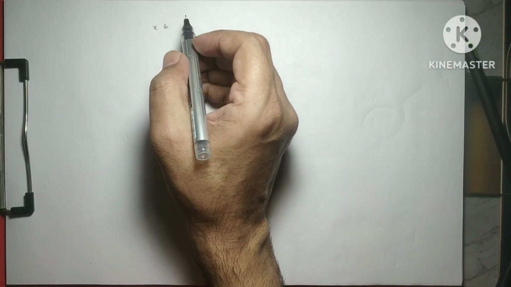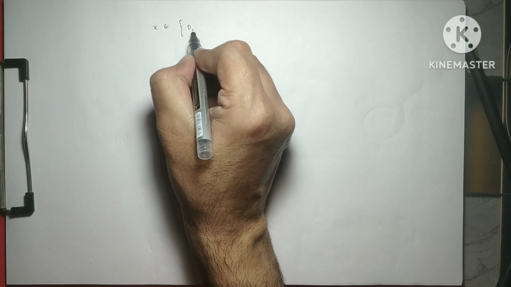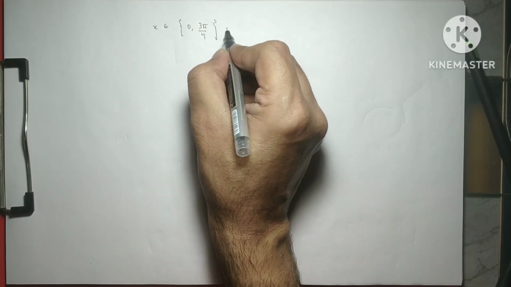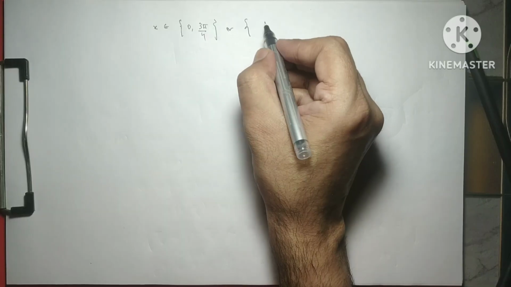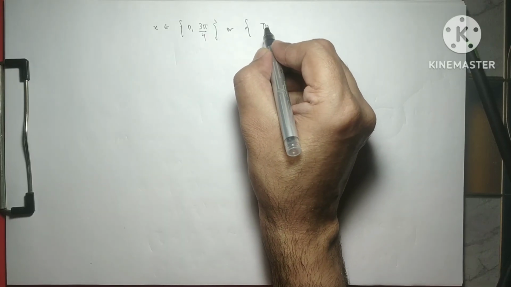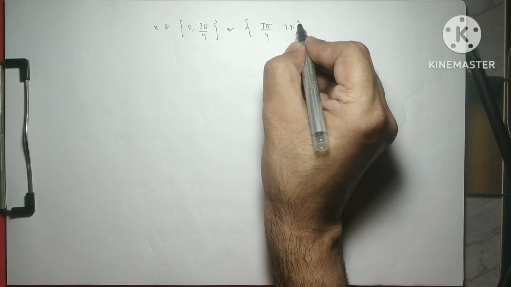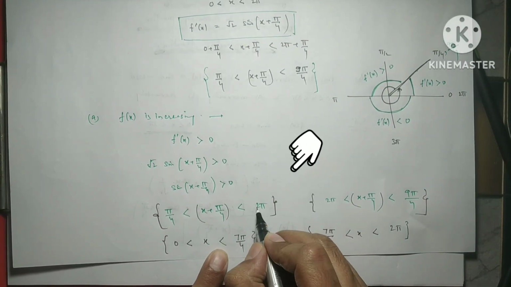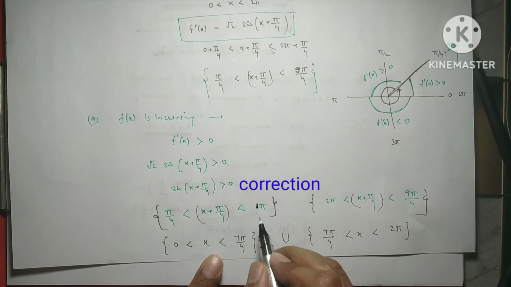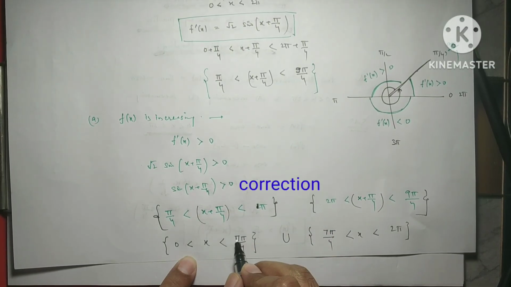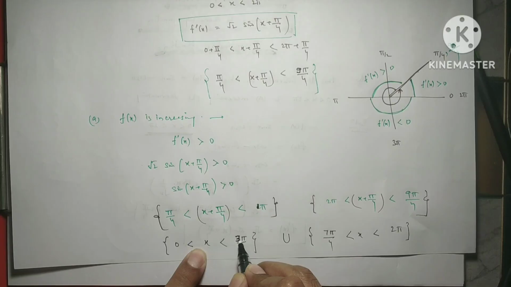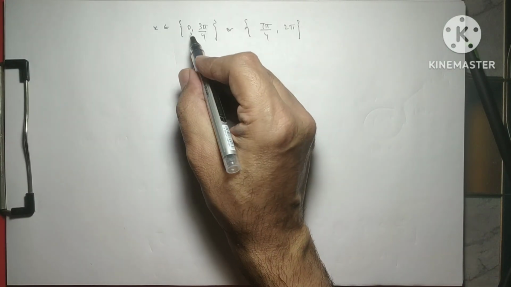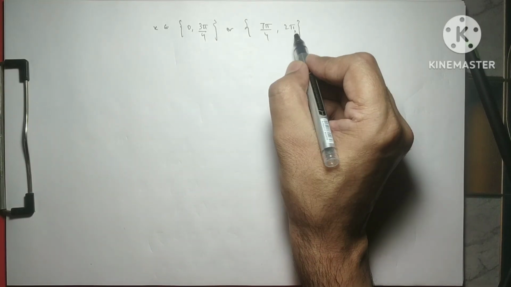So right now x belongs to 0 to 3 pi by 4, or you can say 7 pi by 4 to 2 pi. So when you subtract pi by 4, you get 3 pi by 4. My mistake, sorry. So it is 0 to 3 pi by 4 and 7 pi by 4 to this.